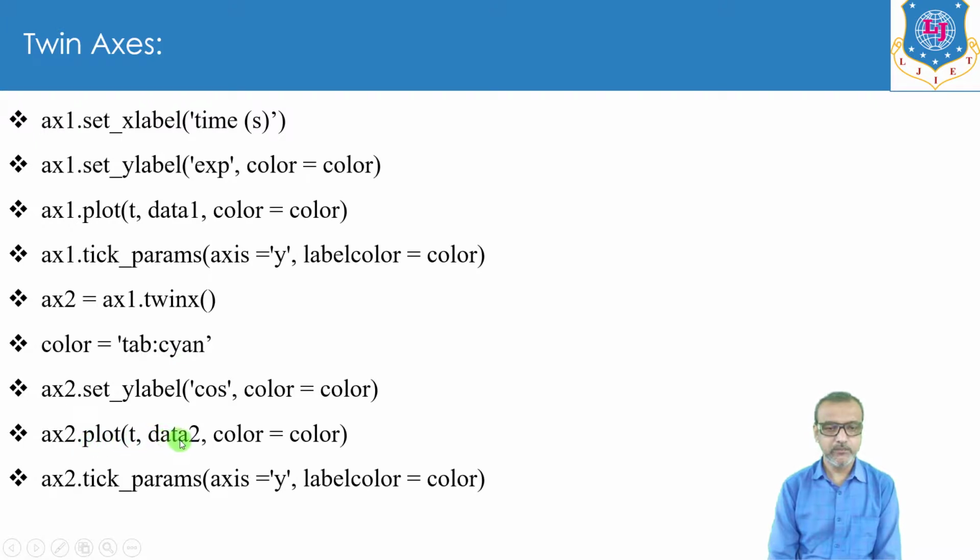With the help of this statement we can draw the plot of the cosine function where t is on the x-axis. In data2 we have cosine of 0.4 pi t and the color is cyan in this case. Then, with the help of this statement, we can have the parameters on the y-axis of the cosine curve with color cyan.